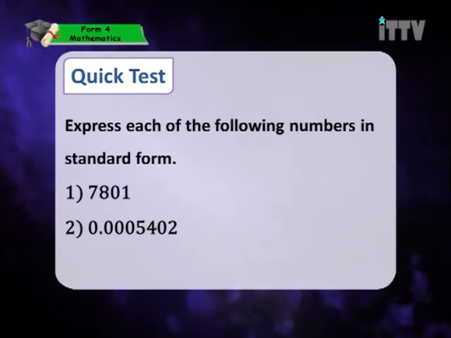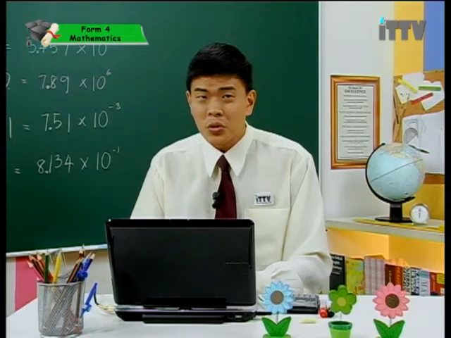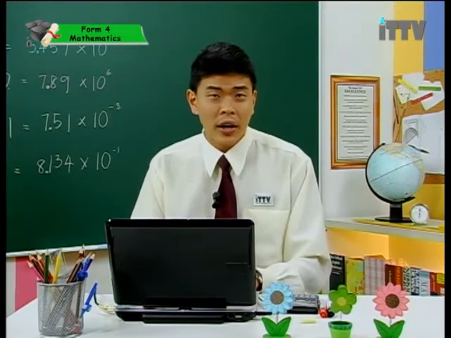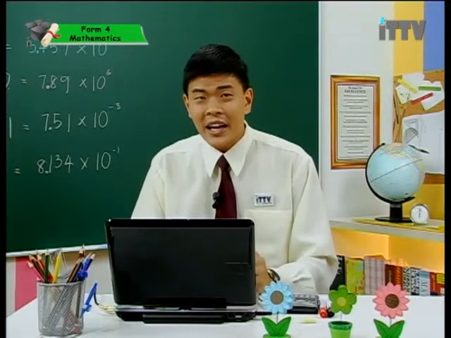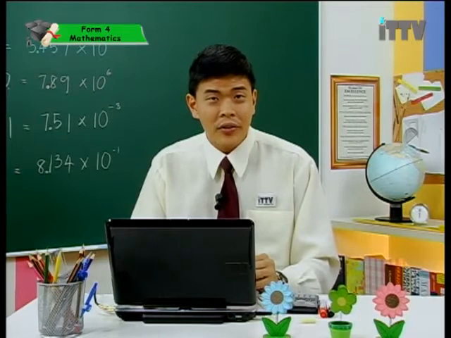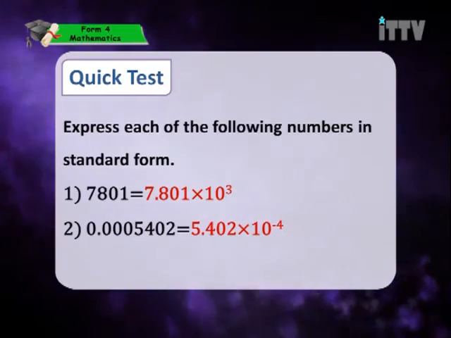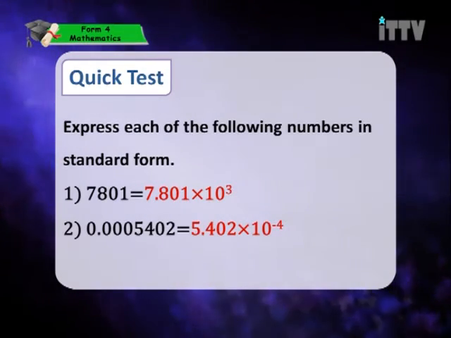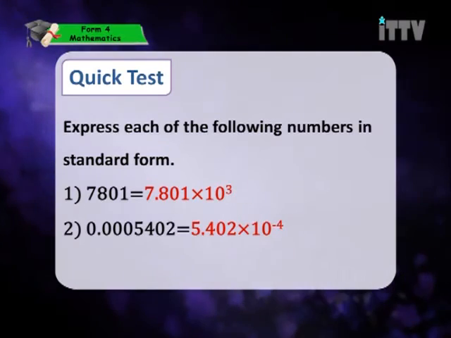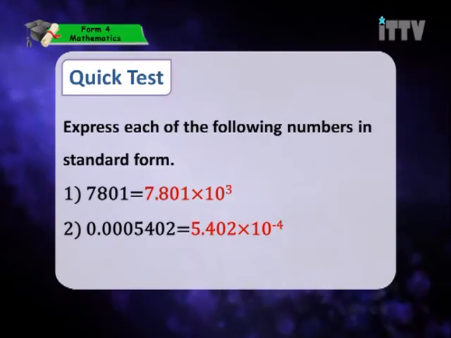We have learned that this is a number in type 2. It is less than 1. So when you convert it to standard form, the index will be negative. And what would it be in standard form? 5.402 times 10 to the power of negative 4.